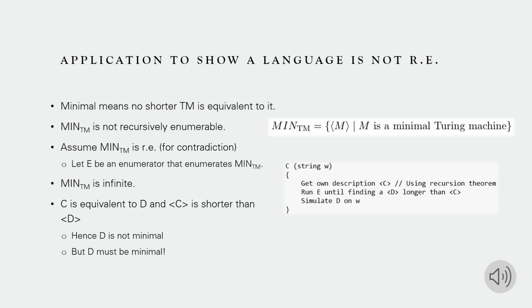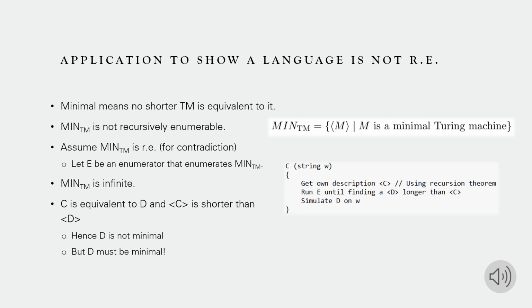We'll call that enumerator E. So what we can do is we can create a Turing machine called C that gets its own description using the recursion theorem, and it runs E until it finds some machine D with a description longer than C. Now, because min is infinite, there will eventually be a machine D that's longer than C. What it will do next is simulate D on W. So, as a recap, it gets its own description, it finds a Turing machine with a longer description, and then it simulates that machine on W.